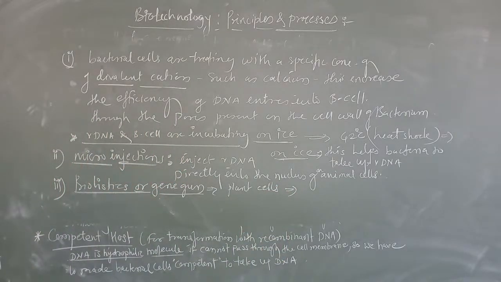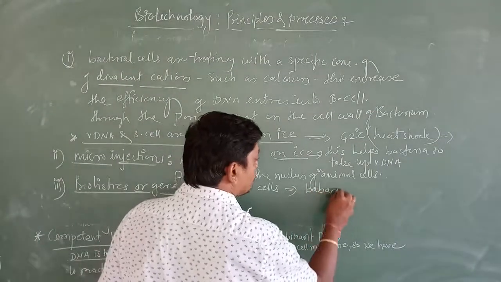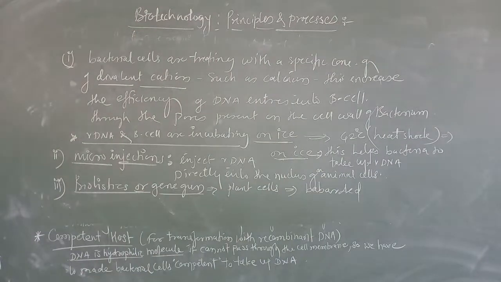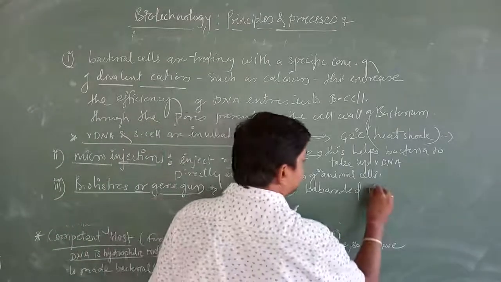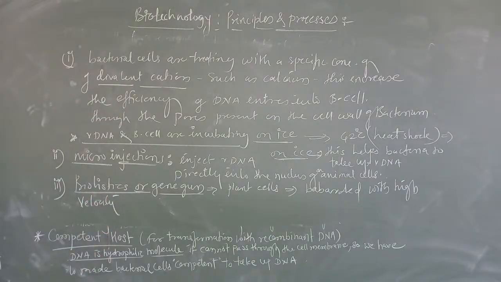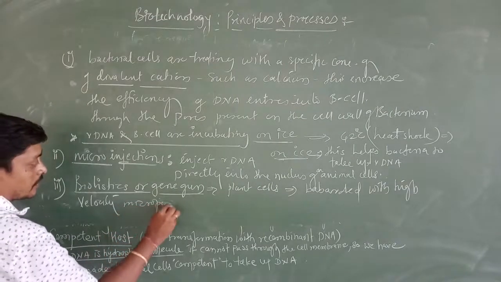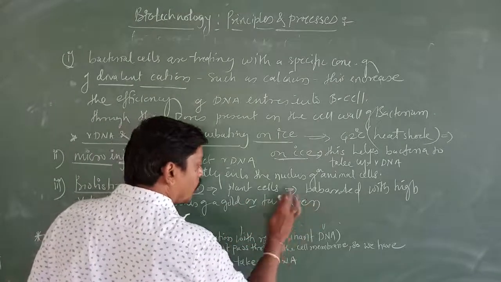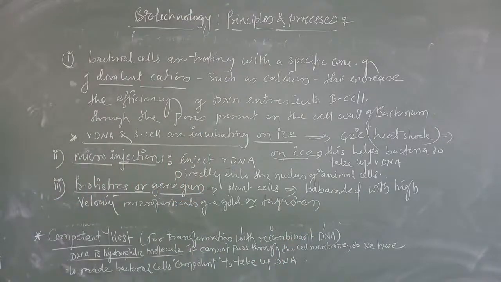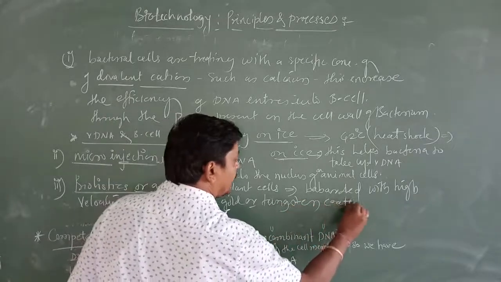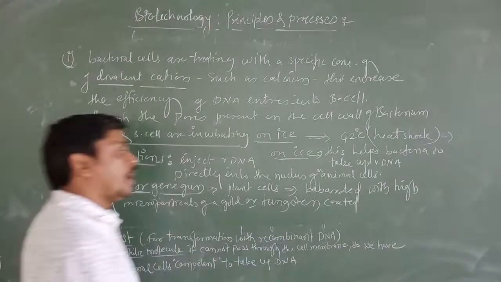Here, what is going to happen? These biolistics or gene guns bombard, bombard with high velocity microparticles of gold or tungsten coated with rDNA.